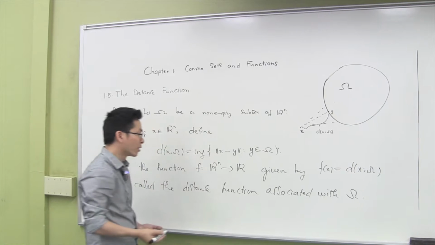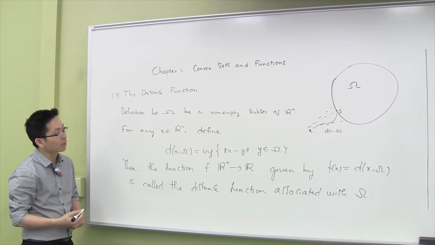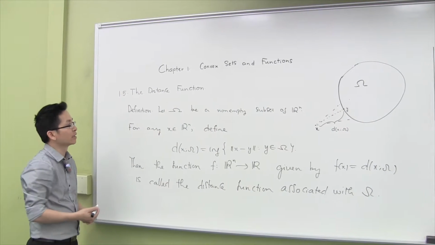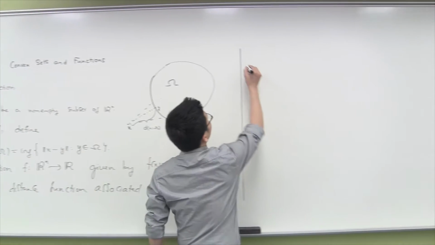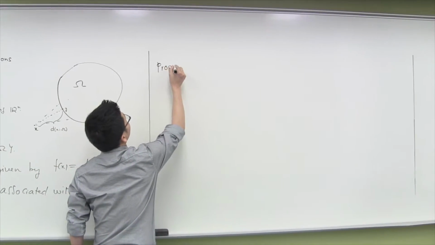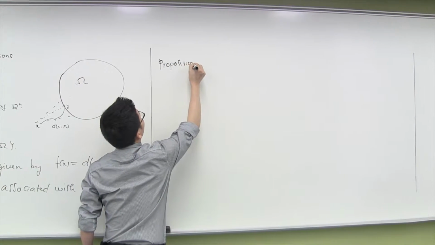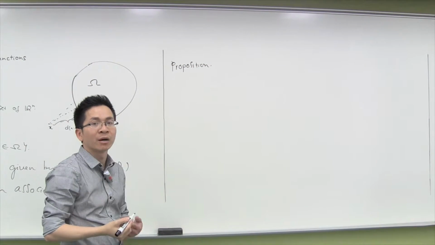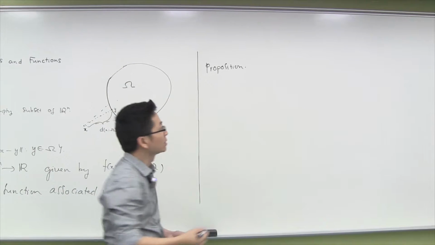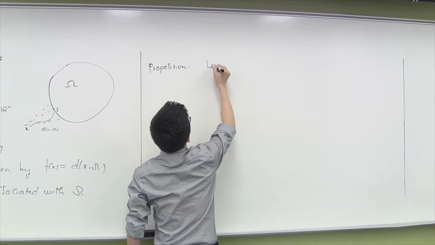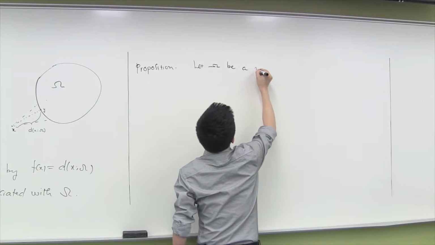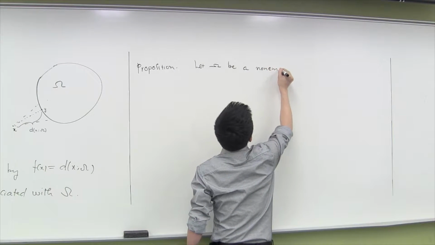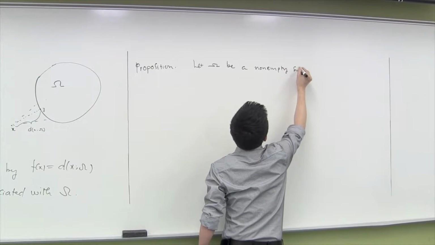Okay, so in what follows, I'm going to talk about several properties of the distance function. Now, in the first proposition, we're going to talk about two important properties of the distance function. Now let omega be a non-empty subset of Rn.